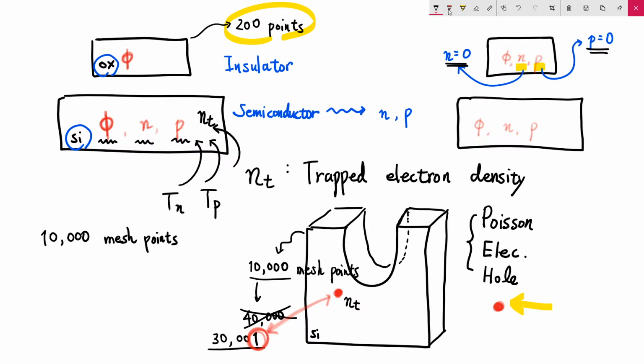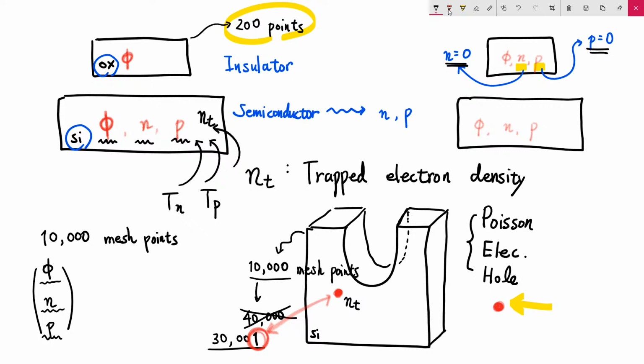And yes, we have to introduce 10,000 discretized electrostatic potentials in the silicon region, and 10,000 electron densities and 10,000 hole densities. So previously we had to introduce those.